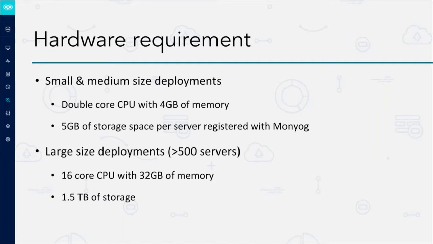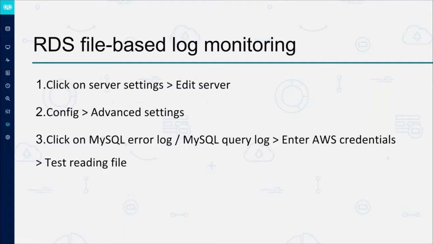And for larger deployments, a Monio installation monitoring around 500 to 600 servers will be very hardware dependent and would require a high-end dedicated system to handle such a load. In that case, what we have seen is that our customers have a 16-core CPU with 32 GB of memory available, and that handles all the load.